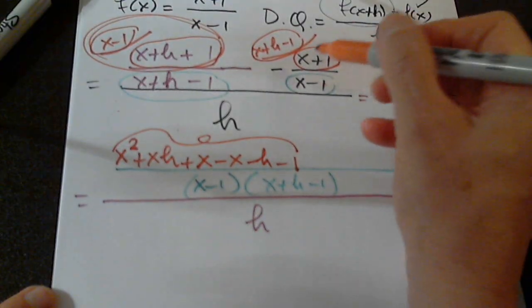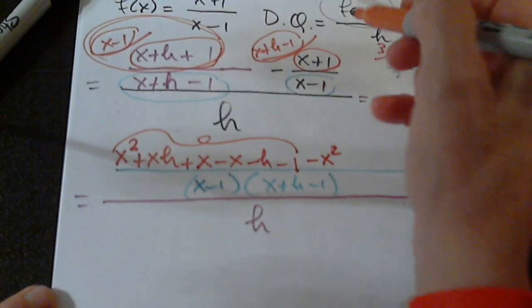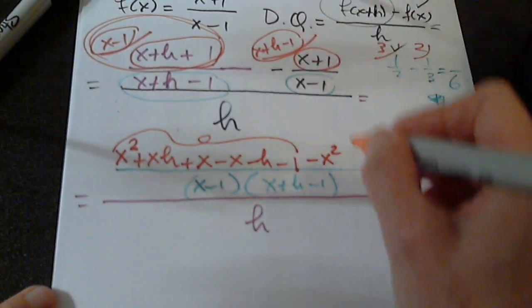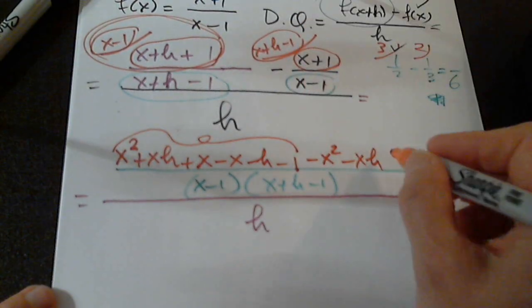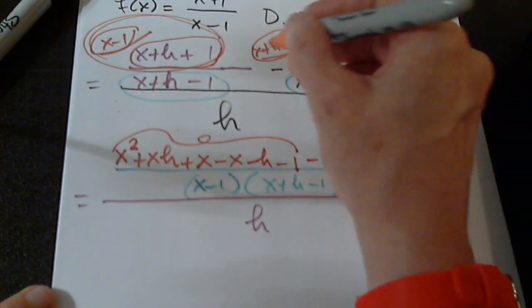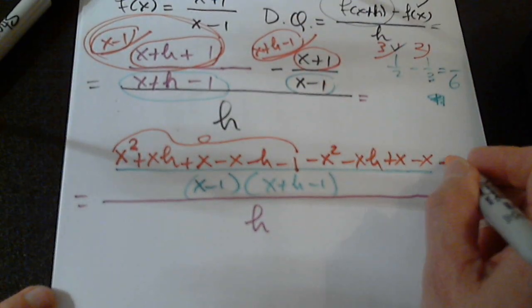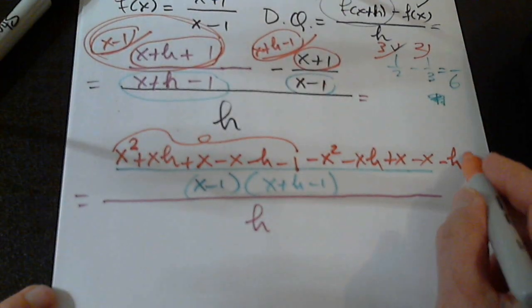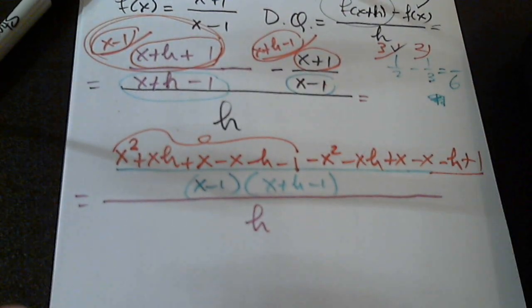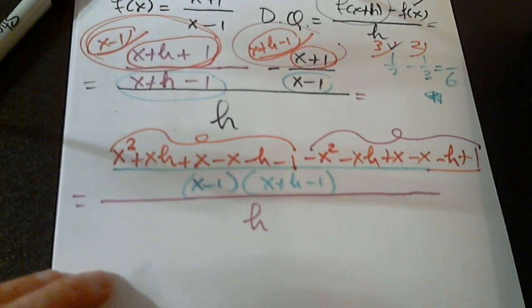Distributive law again. X times x with minus in front, x times h with minus in front, x times -1 with minus in front, 1 times x with minus in front, 1 times h with minus in front, 1 times -1 with minus in front. So this product with minus in front is this.